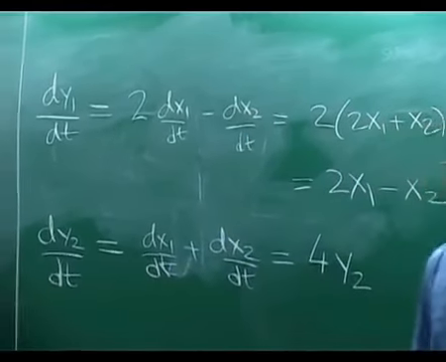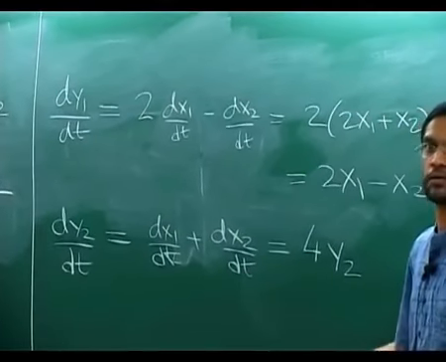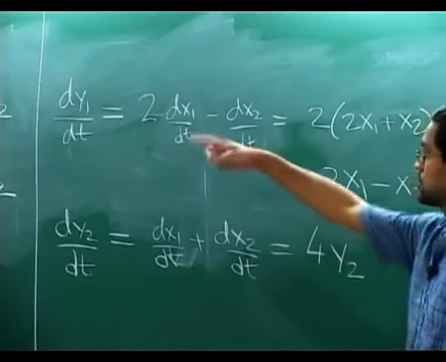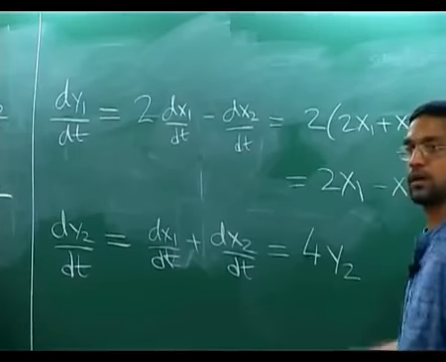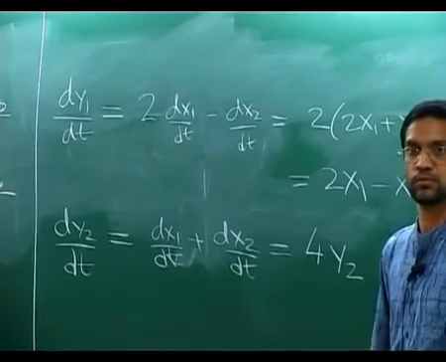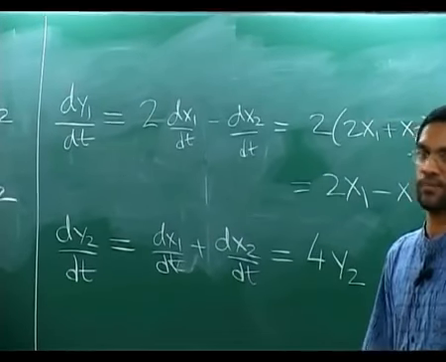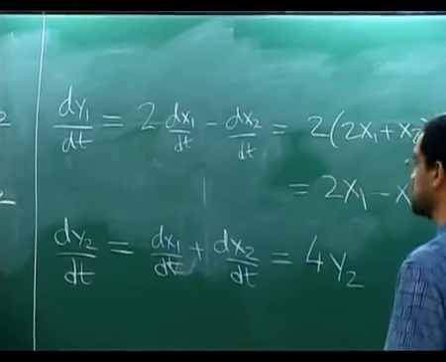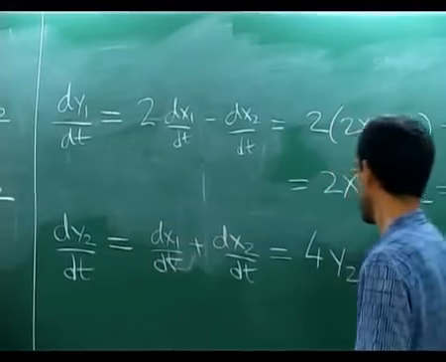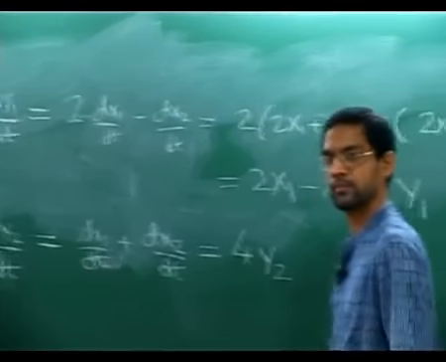Now what have I gotten? In what sense are these new variables y1, y2 better than x1, x2? The system is uncoupled, right? You see dy1 dt has just become y1 and dy2 dt has become 4y2.